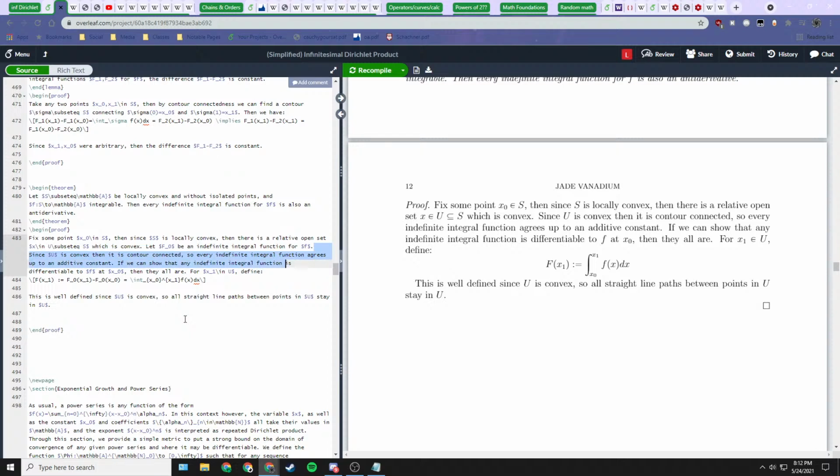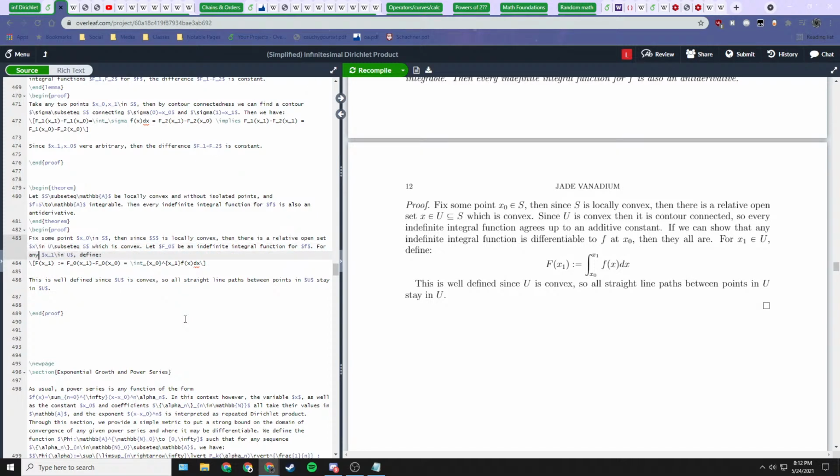Then we can say for any x1, x0, define x1 in U. If F is differentiable with capital F prime is lowercase f, then likewise F0 prime equals f, and the theorem is proven.